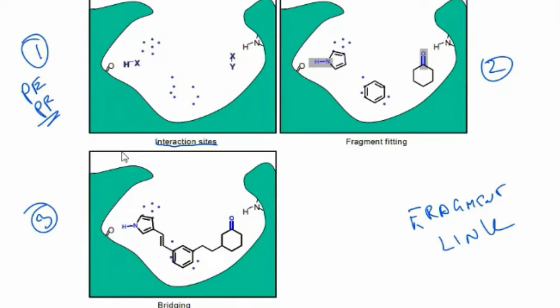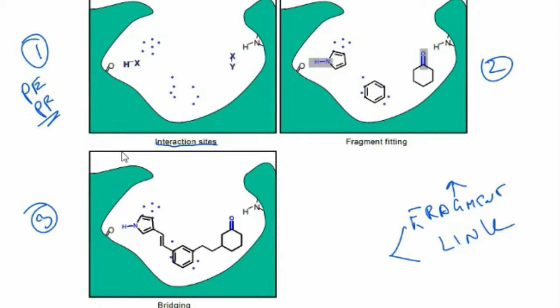One is called the fragment database, and the other one is called the link database. So what's the difference between the fragment database and the link database? The fragment database will have the structures of small fragments whose molecular weight may range from 50, 100, 150. In that range it may have.